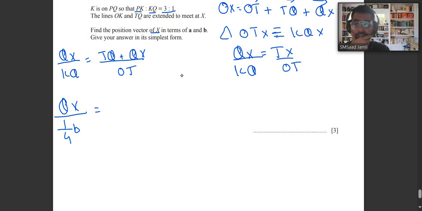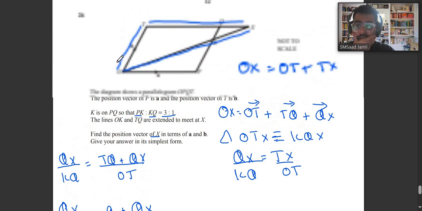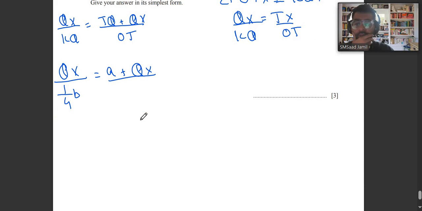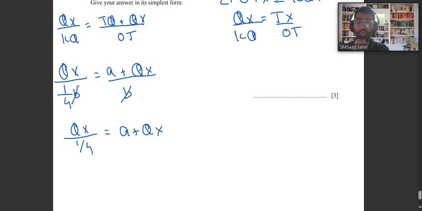So we will write a plus QX upon OT. What's OT? OT is b. So we will write b over here. In the next step, b and b would be cancelled out. This means QX over 1/4 is equal to a plus QX only.